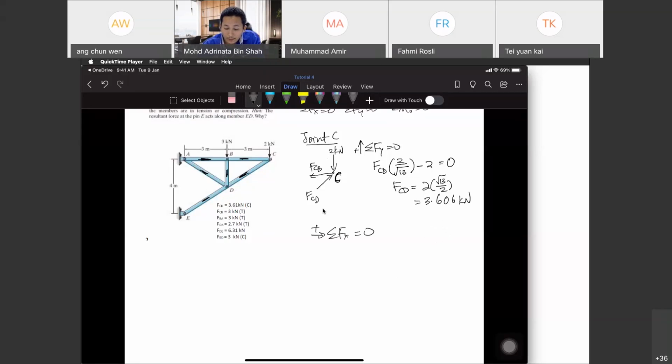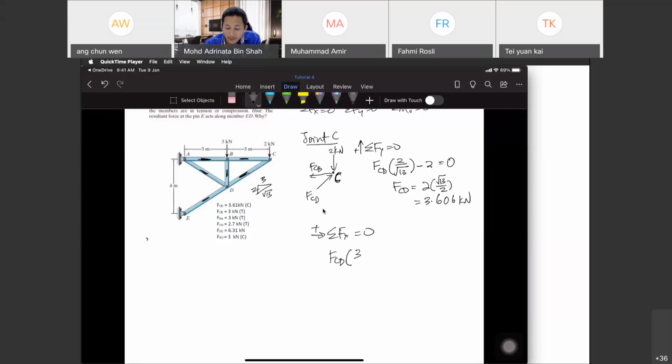We have FCD in the positive direction, and from the previous one we have the triangle as 3 to square root 13.